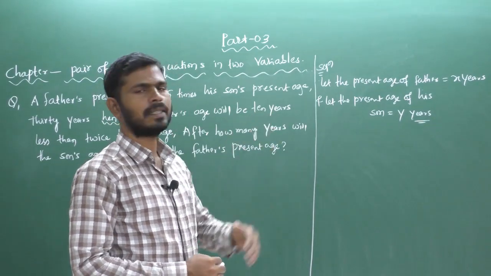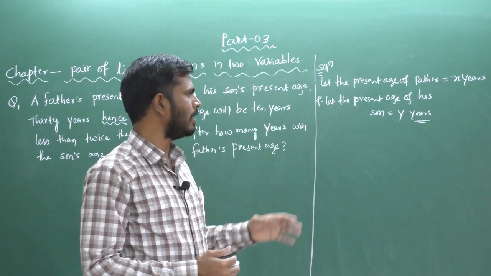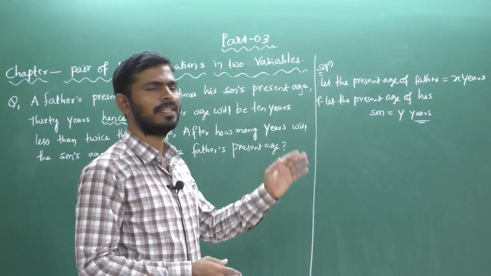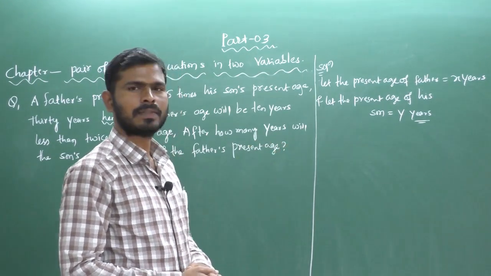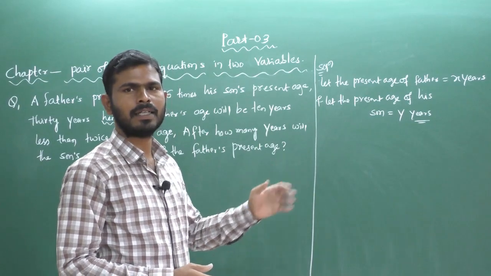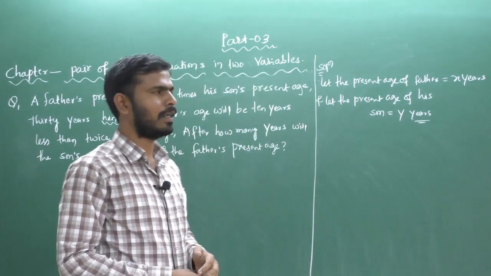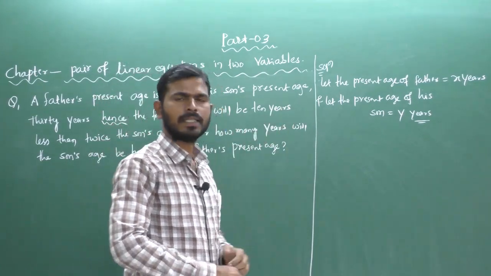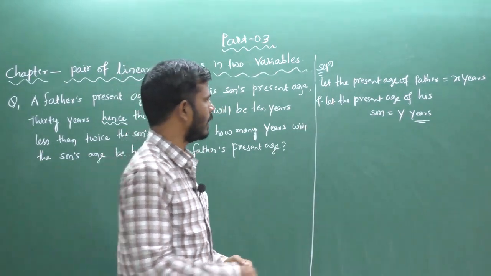Let the present age of father be x years and let the present age of his son be y years. Don't write father's age is x years and son's age is y years, as it will not give the proper meaning. So take care of that while writing the sentence. What is given and what you have to find out, you have to write clearly.